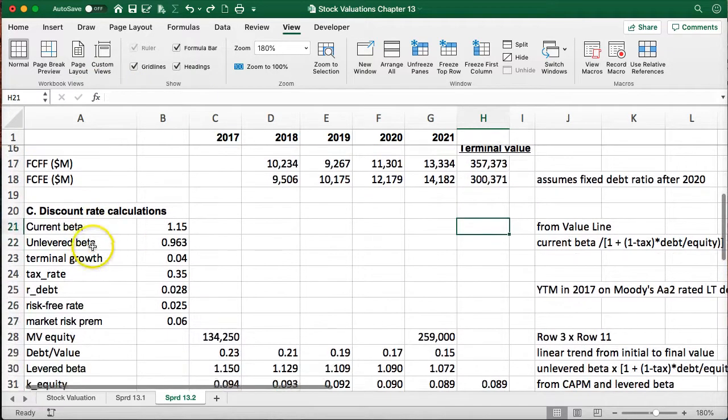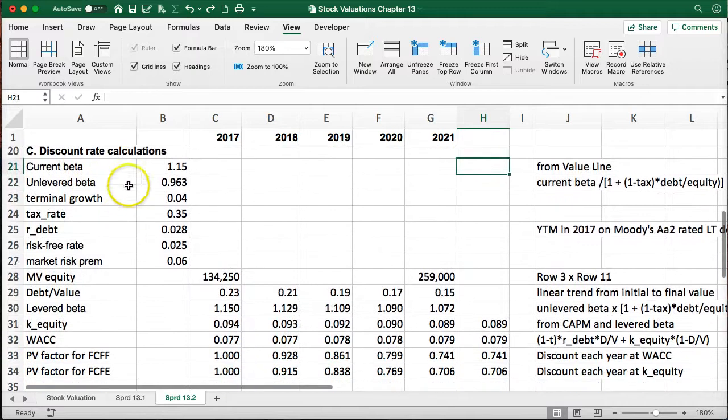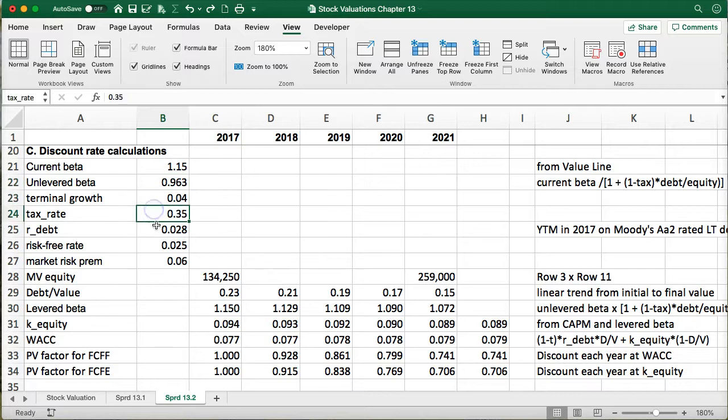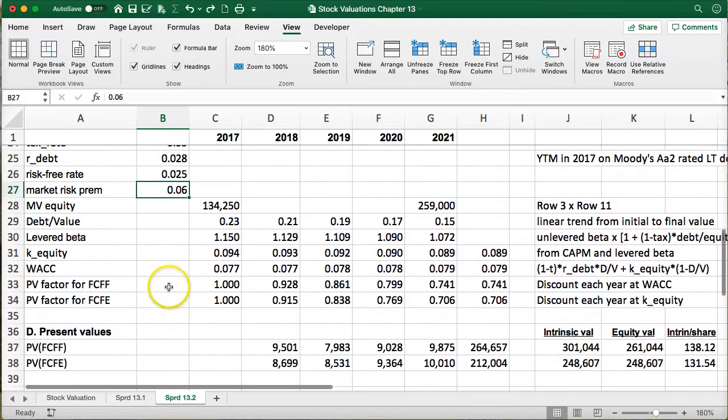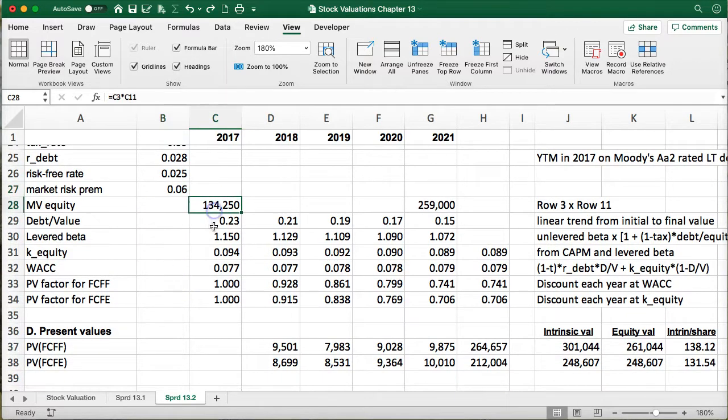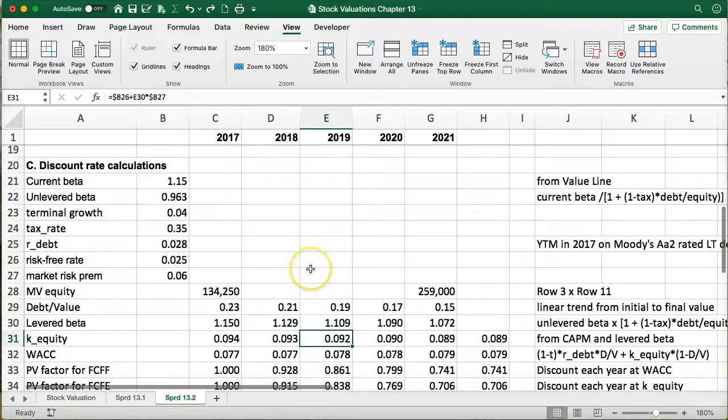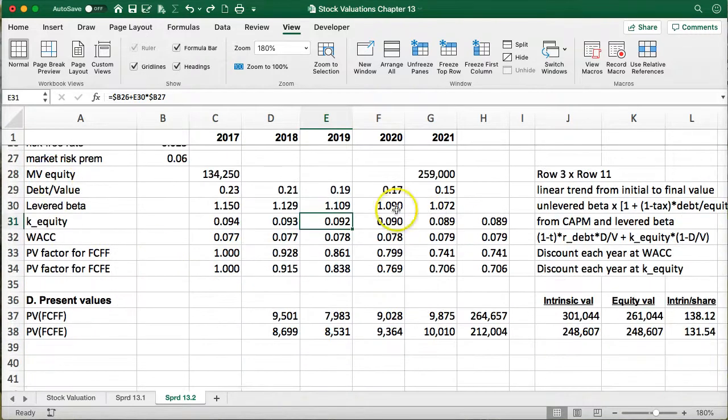And then we have the discount rate calculations here for beta, the unlevered beta, terminal growth, tax rate, debt, risk-free rate, and the market premium. So then, using these variables, we can move through each of the years and calculate each year's adjusted factors from this list here using the formulas.